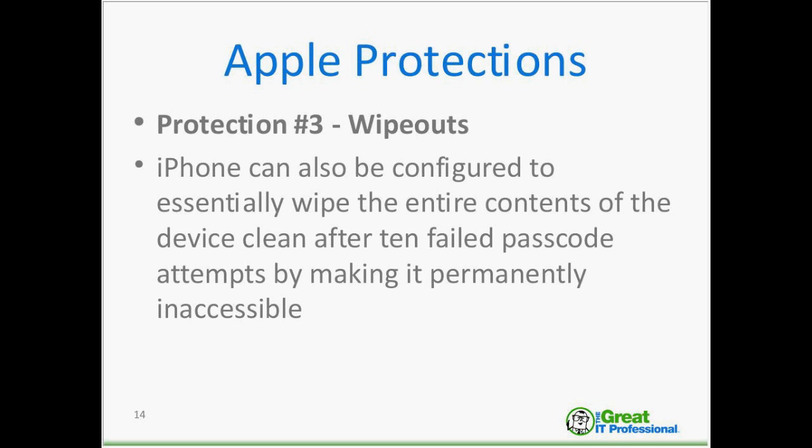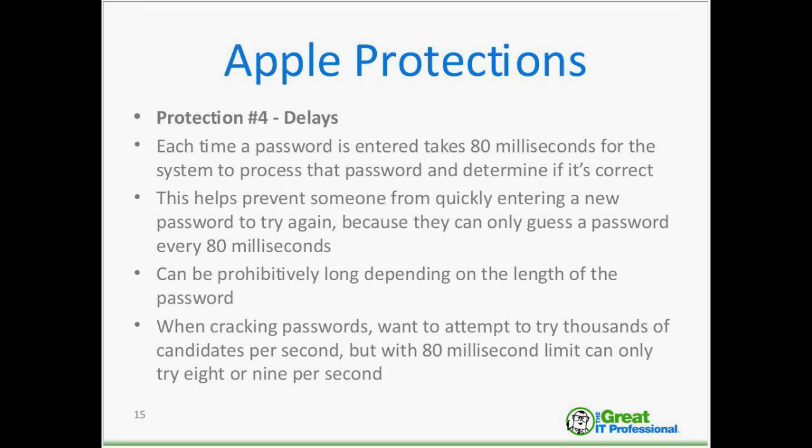And the fourth protection Apple had was delays. Each time a passcode was entered, it took 80 milliseconds for the system to process it to determine if it's correct. Of course, this would prevent someone from very quickly entering new passcodes to try over and over, because they only could guess a passcode every 80 milliseconds.